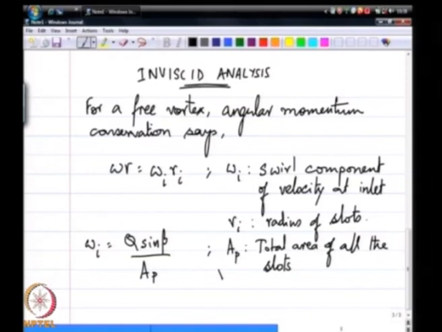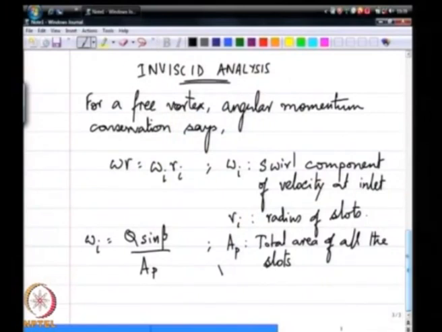Actually, angular momentum conservation alone does not require inviscid flow, it could be true even in a viscous flow, but we are only going to look at an inviscid analysis, as you will see a little later on.